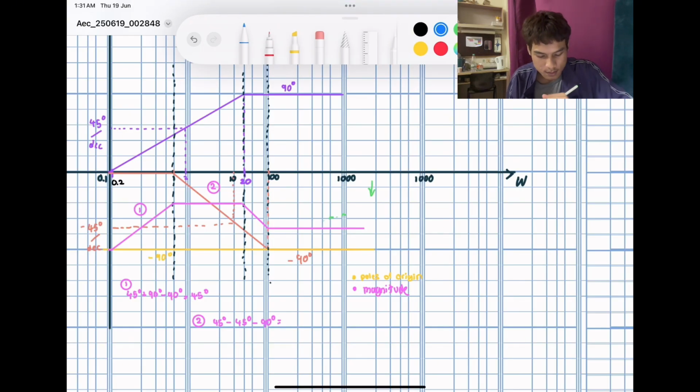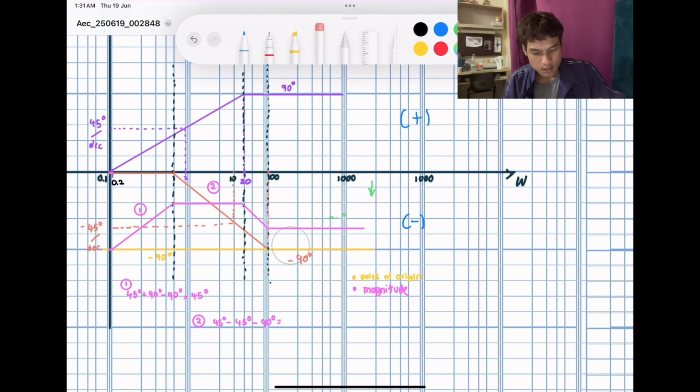It is the same step as before, except that its 90 degrees will be negative since it is on the negative side. So you will get negative 90 degrees, and the slope will be the same, which is negative 45 degrees per decade.